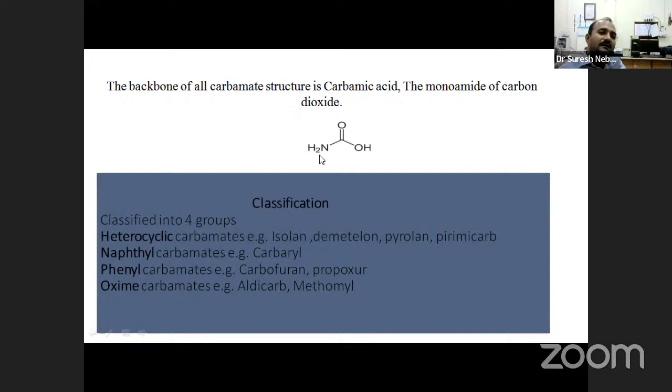Based on what type of groups we are adding and what modifications we are doing, the classification is there. Mainly these four classes are there. In this classification, you should remember some important molecules like carbaryl, carbofuran, propoxur, and which class or group they belong to.